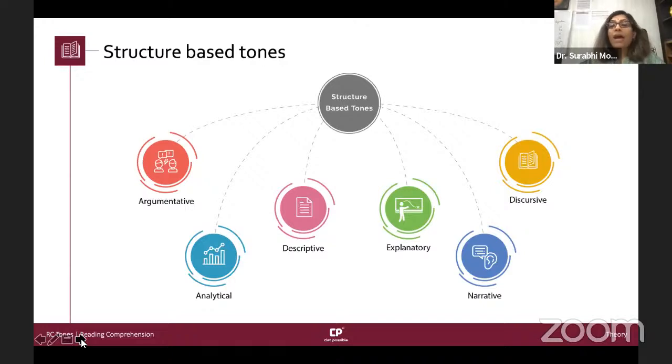For example, an argumentative passage is structured where the author shares an argument of side one and then the argument of side two, or the author uses the opponent's argument and then dismantles it, which means जो भी वाद विवाद हो रहा है, author एक तरफ दूसरे का point of view लिखता है और फिर उसको challenge करके अपना point of view देते हैं. That is argumentative tone. और ऐसा पूरे पैसेज में पैटर्न दिखता है.